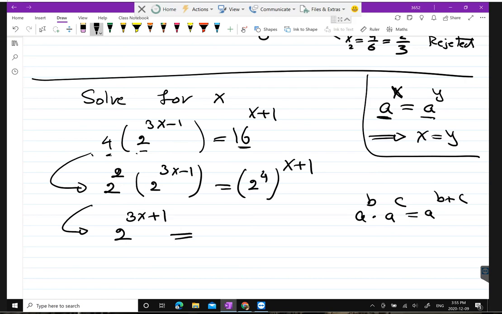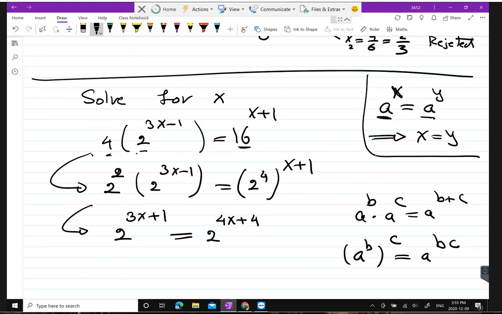It is equal to, the next one using a to the power of b, then to the power of c, 2 to the power of 4, then to the power of x plus 1. So we have a to the power of bc, and now you can say that it is 2 to the power of 4x plus 4, 4 times x plus 1.